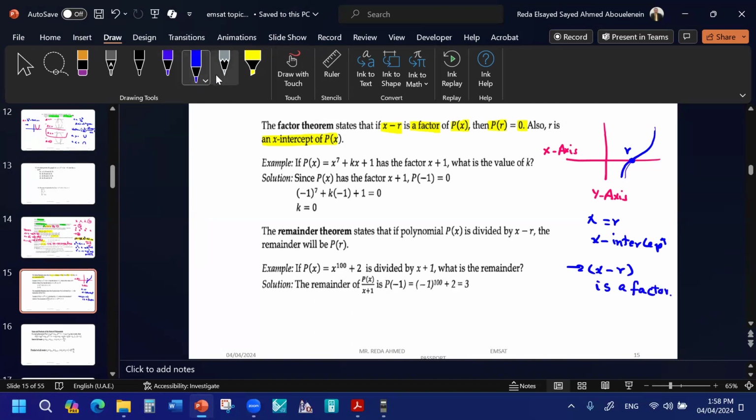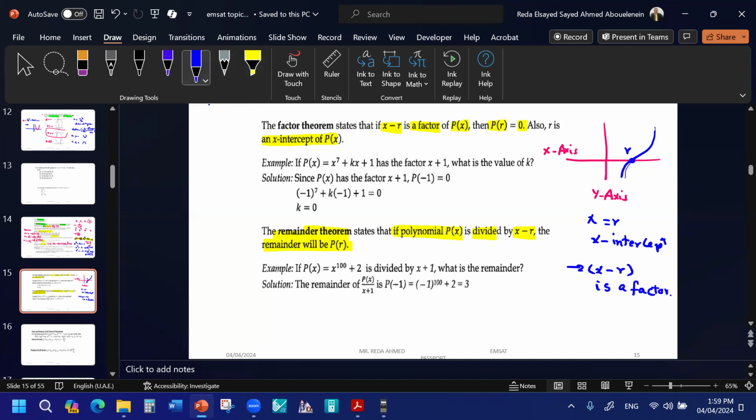Here as well, we have the remainder theorem. If the polynomial P of x is divided by x minus r, the remainder will be P of r.